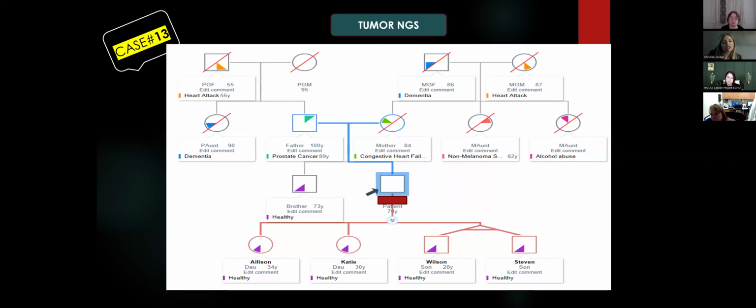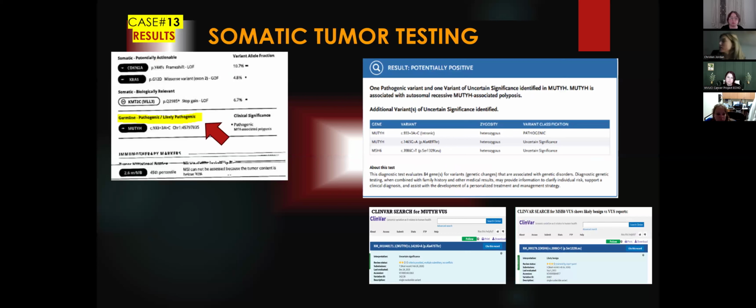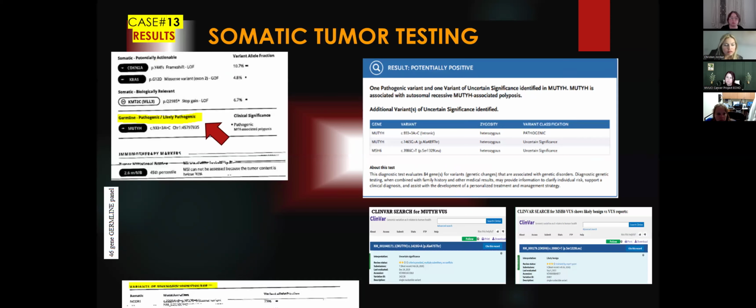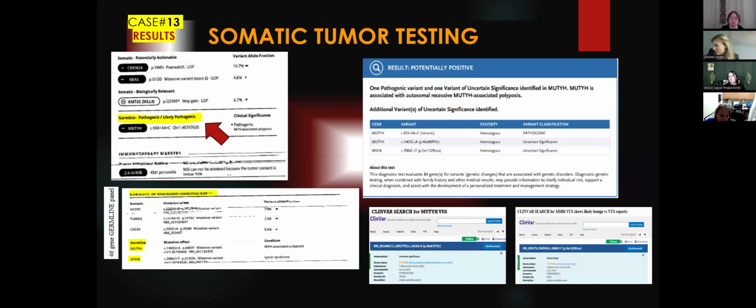So they didn't meet traditional guidelines for genetic testing, but their tumor testing actually showed a likely pathogenic MUTYH, and then it also showed this other MUTYH that was in the germline, and then also an MSH6 in the germline. So we did send to Invitae and did some confirmatory testing, and thankfully the MUTYH and MSH6 are VUSs, and the only thing that was pathogenic was 1 copy of MUTYH.